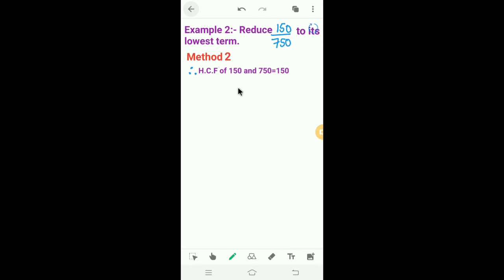Now, divide the numerator and denominator by HCF 150. That is, 150 divided by 150 is equal to 1.